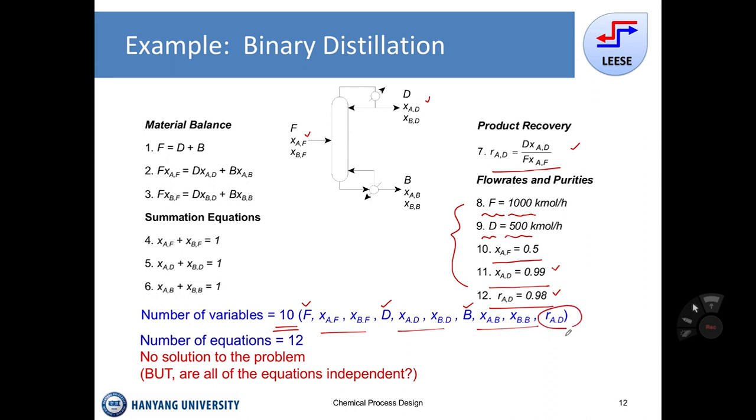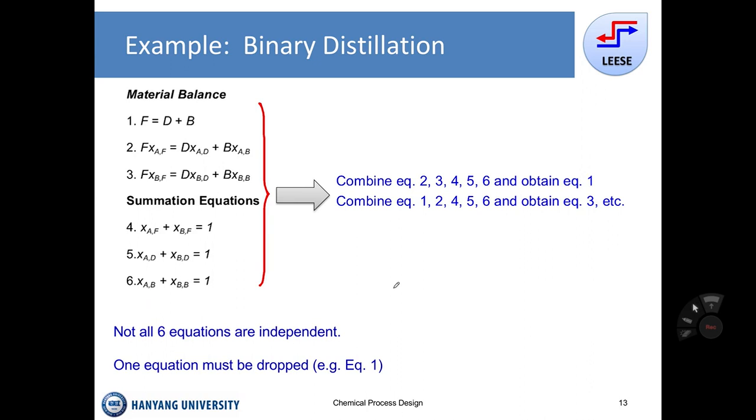Then the recovery of the product is given by R. So we have 10 variables to be determined, and overall 12 equations: 3 material balances, 3 summation equations, 1 product recovery, and 5 inputs. But if you look at the equations carefully, by having these equations, we can have an additional non-independent equation.